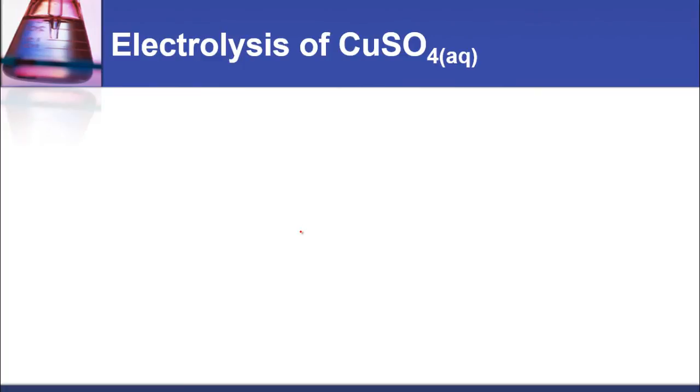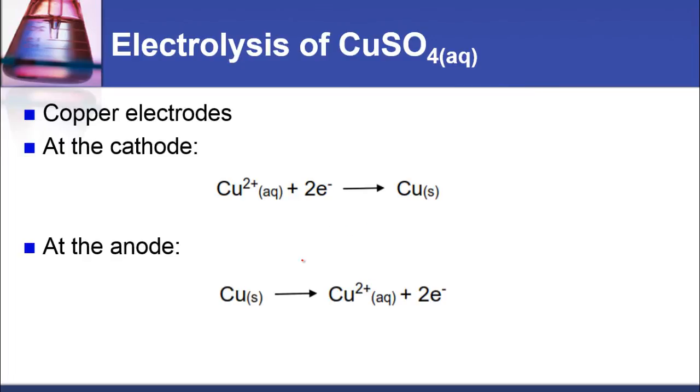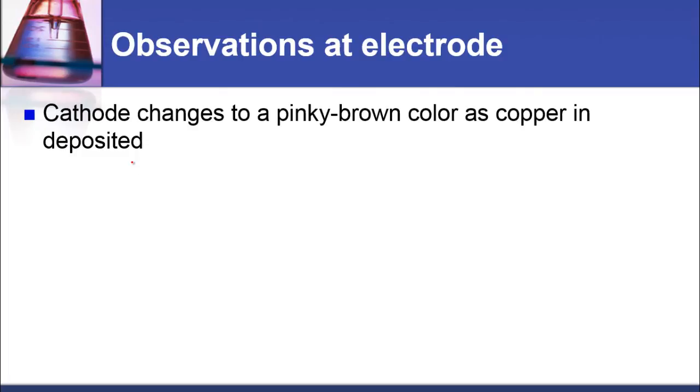Okay, so next let's look at using copper electrodes. At the cathode, we have the Cu2+ ions being reduced to give us copper metal. At the anode, we have copper being oxidized to give us Cu2+ ions. What would you see? Well, the cathode would change to a pinky brown color. Well, it would already be pinky brown, but you'll see more copper being deposited.